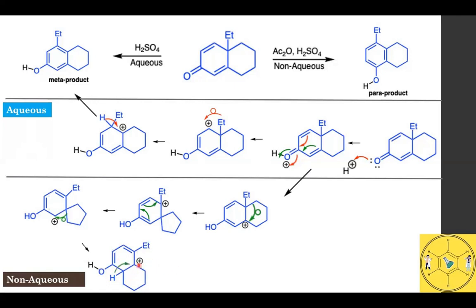Then aromatization takes place, which leads to the para product. Para product means this one is ipso, this one ortho, this one meta, this one para. So our rearrangement takes place at the para position. In this way, the selection of solvent highly influences the selectivity of the product.